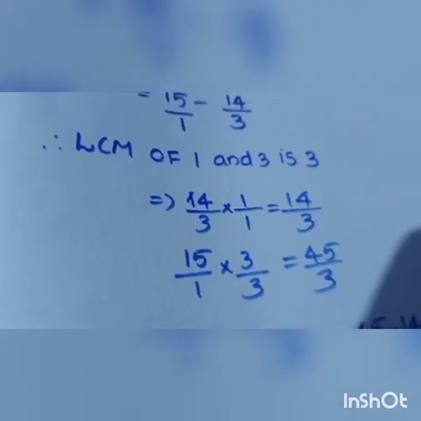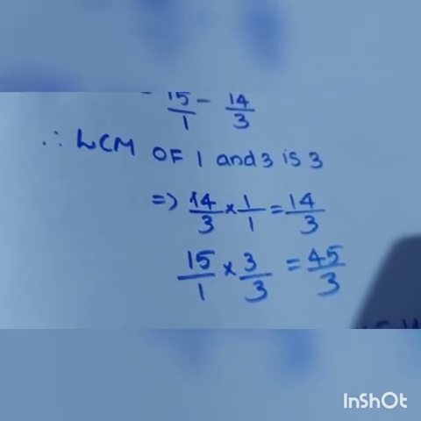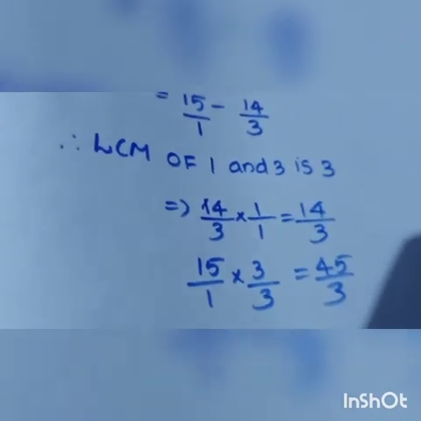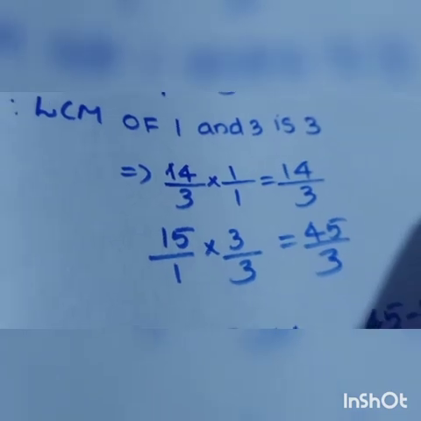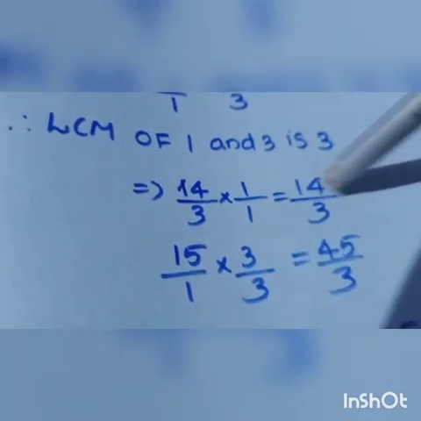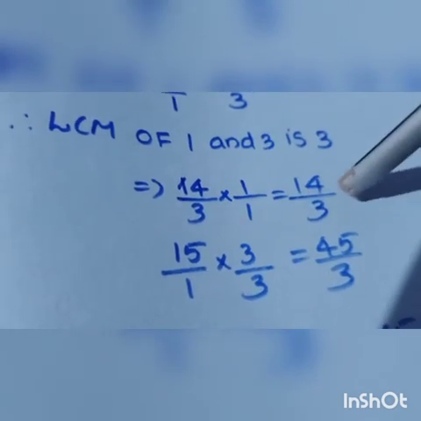That is 14/3 into 1/1, which means 14 into 1 is 14, divided by 3 into 1 is 3, so 14/3.